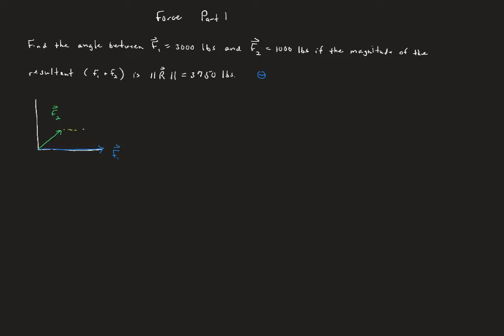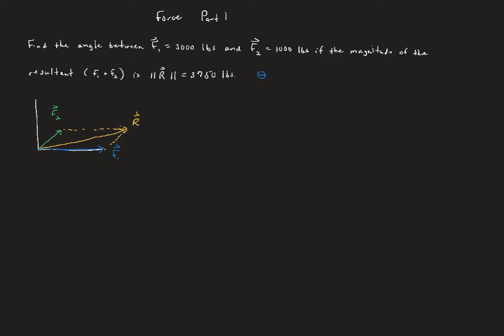If we imagine the parallelogram formed by those two vectors, our resultant, the sum of the two vectors, is that diagonal right there. That is our resultant vector.